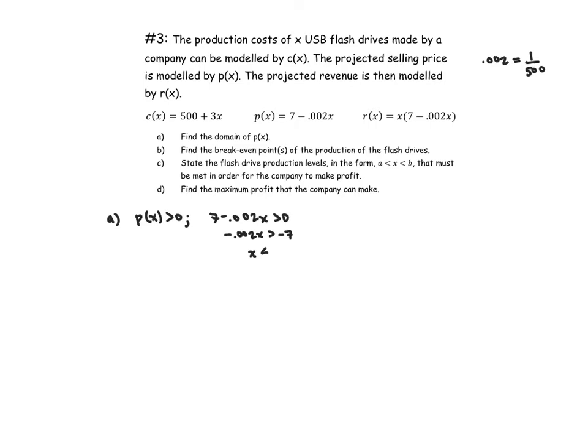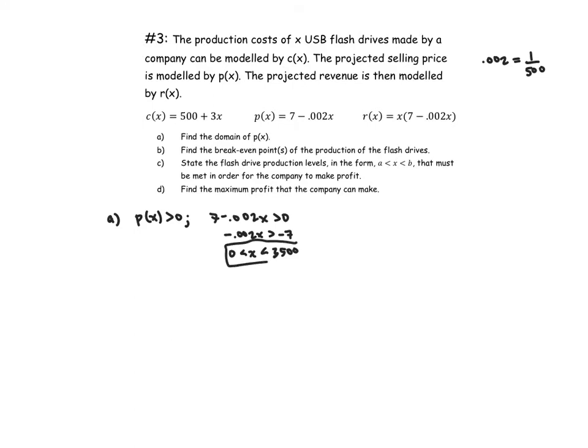So 500 times 7 is 3,500. In order for our price to be greater than 0, we have to produce more than 0 USBs and less than 3,500.